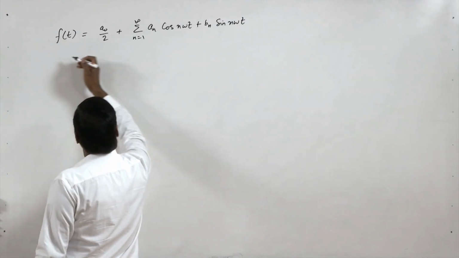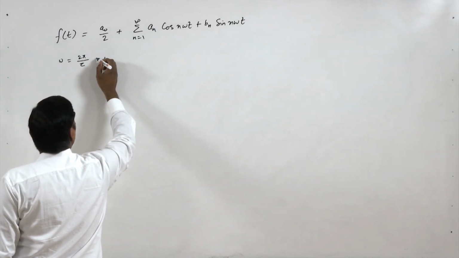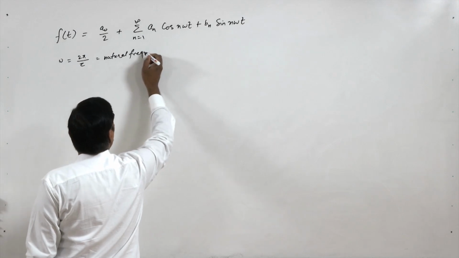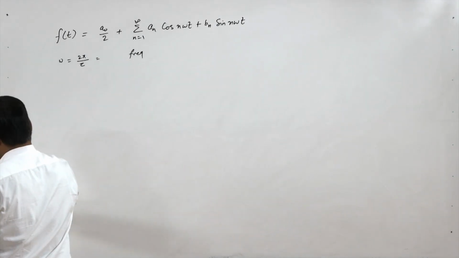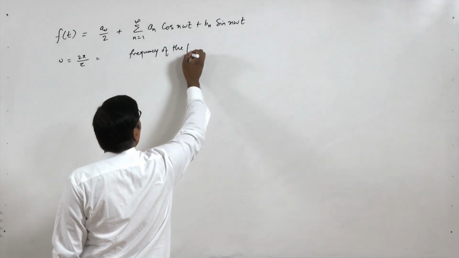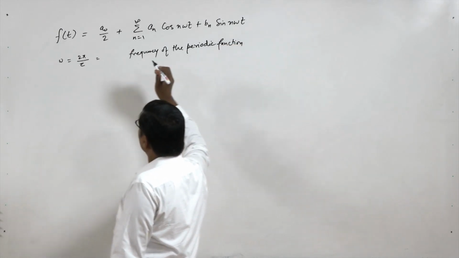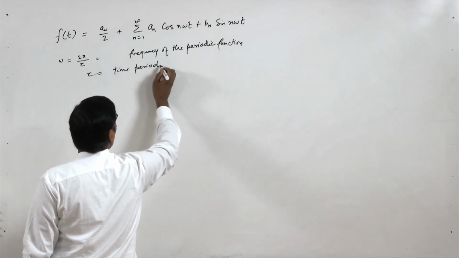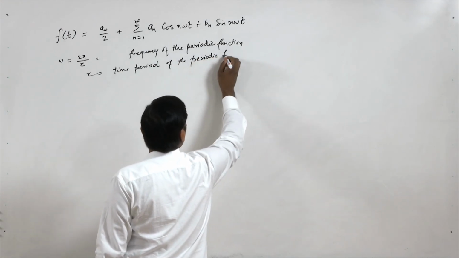Because we know omega, omega is 2 pi by tau, where omega is the natural frequency, or we can call it the frequency of the periodic function, and tau is the time period of the periodic function.